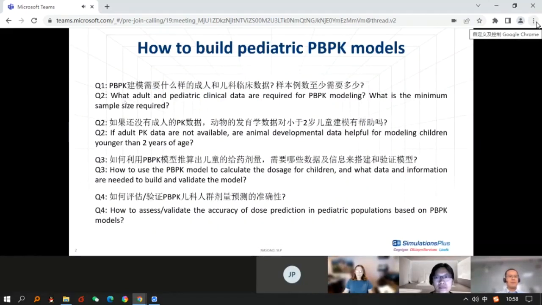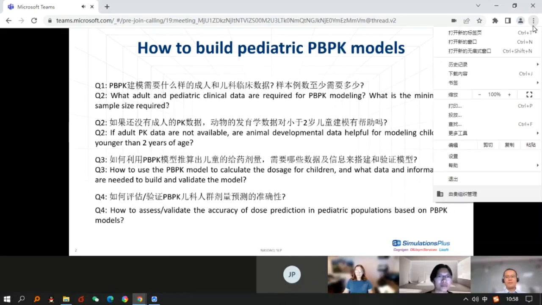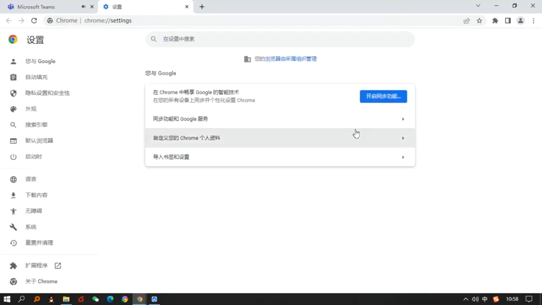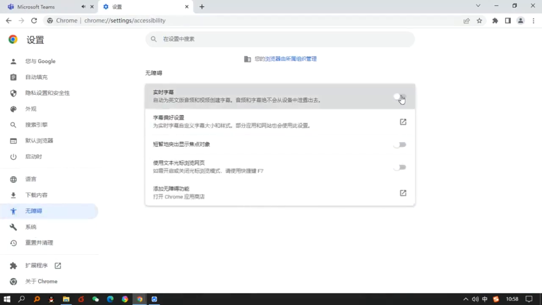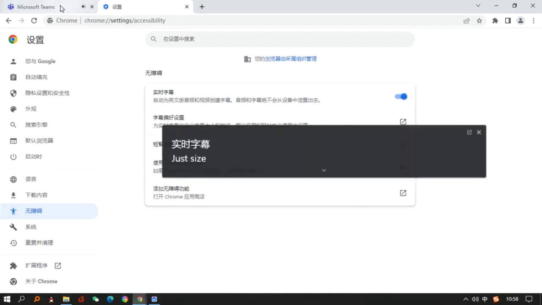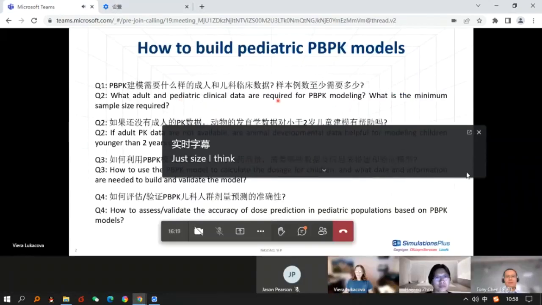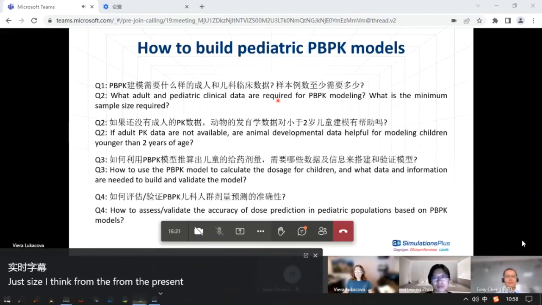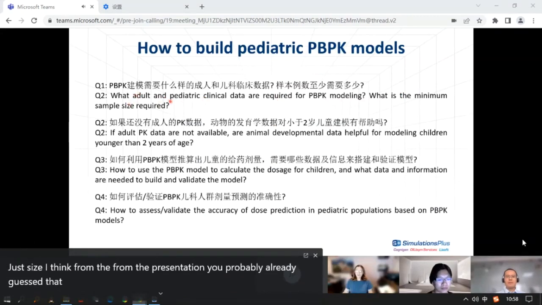So the first question was, what data is required for the PBPK modeling, and what is the minimum sample size? I think from the presentation, you probably already guessed that there is no simple or single answer to this question.